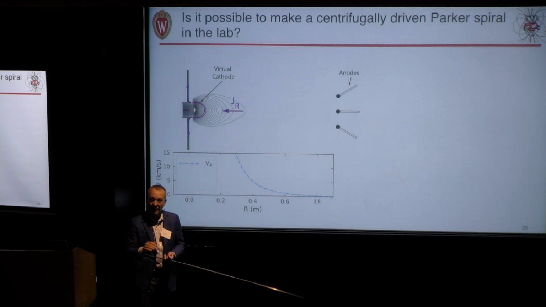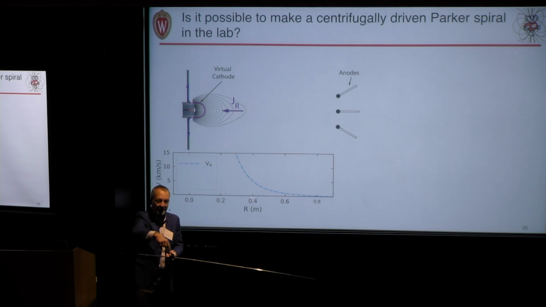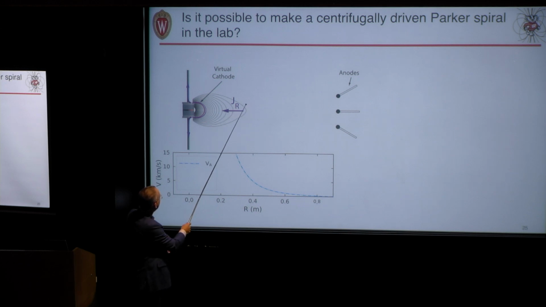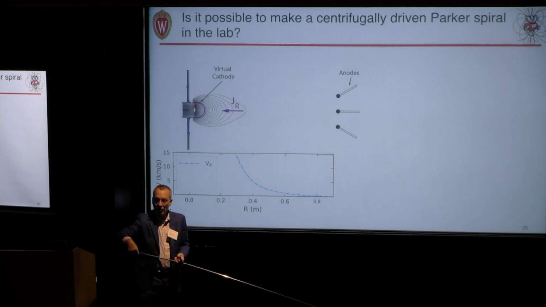We've done lots of experiments along these lines. By applying this torque to the plasma, we make it rotate. So our idea was, can we make this region spin very fast, so fast that in some region here the rotational velocity is larger than the Alfvén speed?